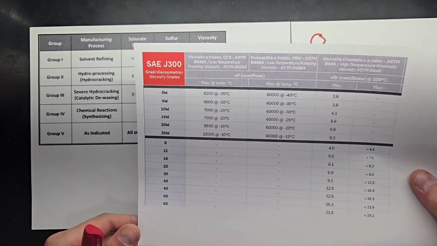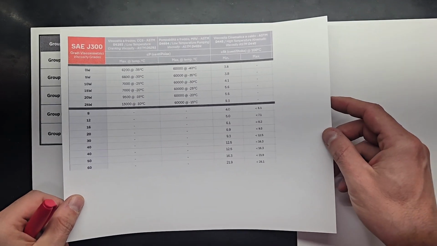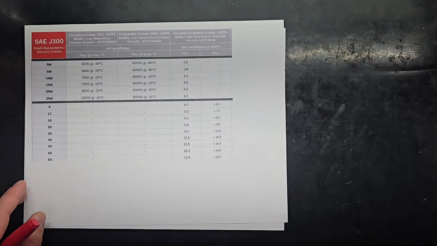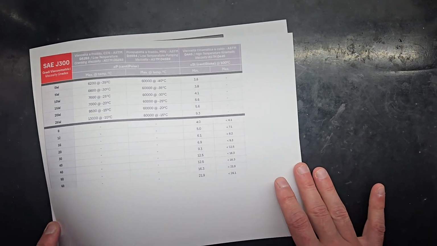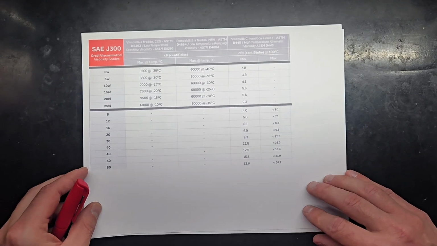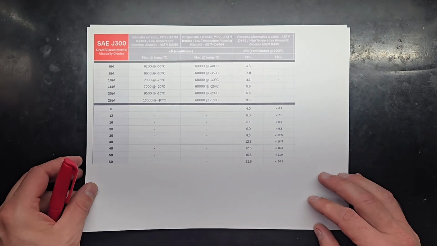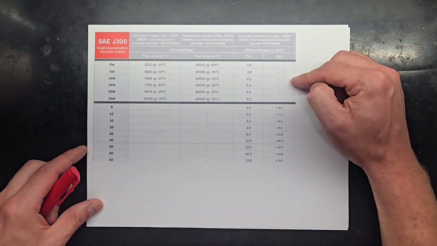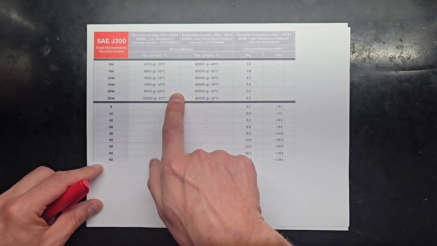So here we have SAE J300. In SAE J300, we have our limits for viscosity in both kinematic and then absolute.